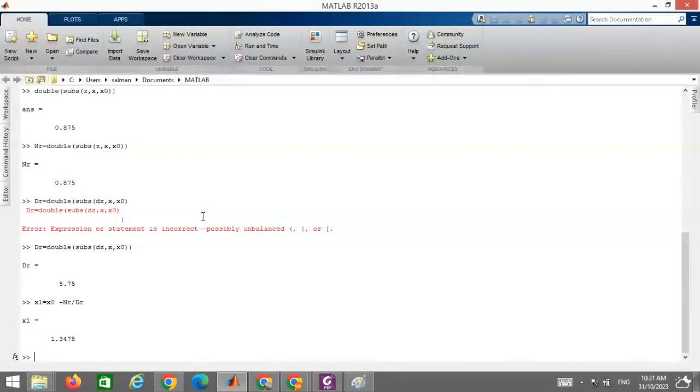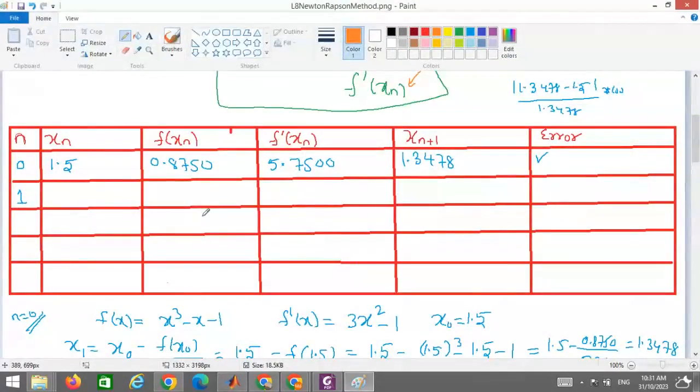Now we got x1 as 1.3478. Now I want to find f of x1, that is the numerator. So I write x1 here. Sorry, let us change the color, same blue color.